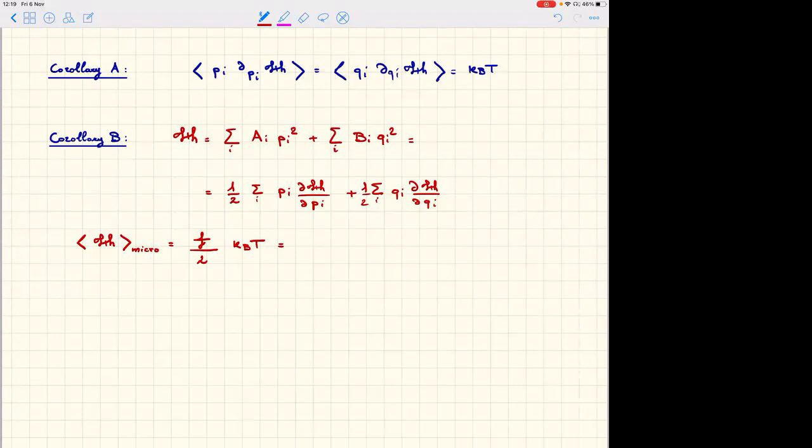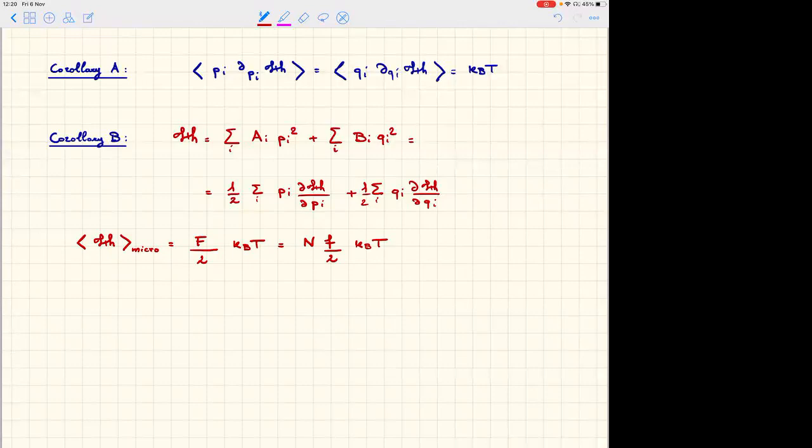Now, if you have a many particle system, in which your Hamiltonian is the sum of identical Hamiltonians for n particles, you can rewrite this as, actually, I don't like this notation. Let me write it like this: you can write it as n times F over 2 kBT. So n is the number of particles. F is the number of active variables or degrees of freedom, call it the way you want, per particle.